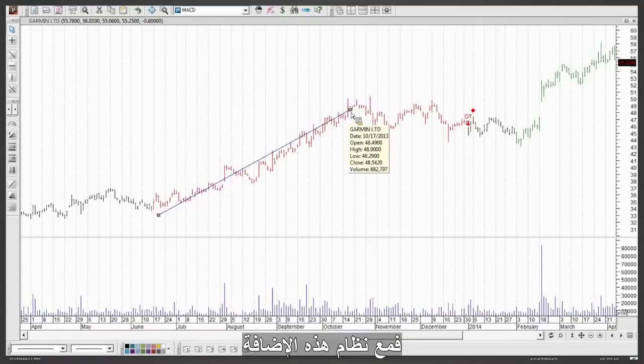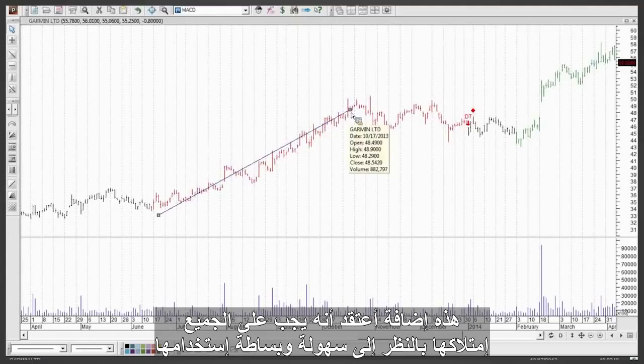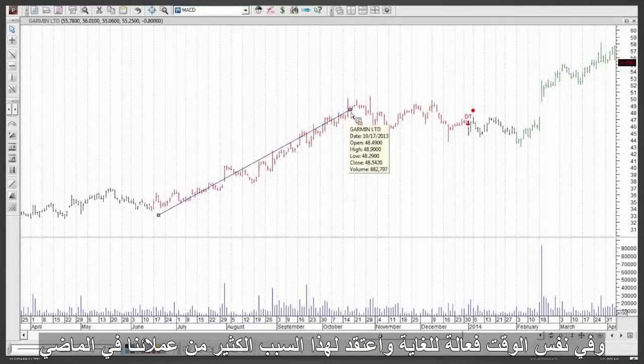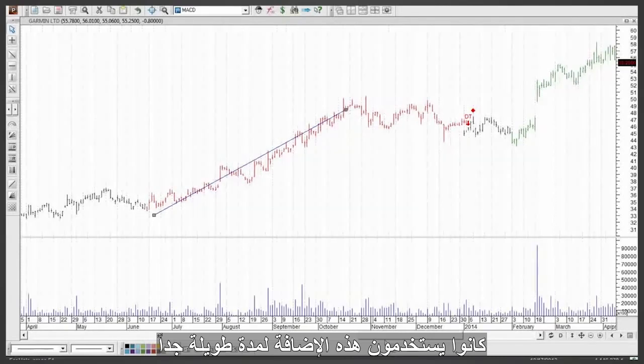So with this add-on, this system being so simple to use, easy to take a look at it and search for different patterns, etc. This is an add-on I think that everybody should have, just due to the fact that it is so simple and basic to use. But it's very effective, and I think that's why so many of our clients in the past have been using this add-on for so very long.